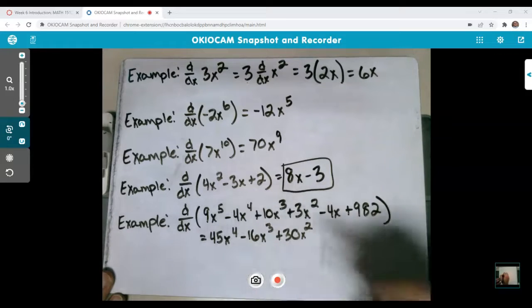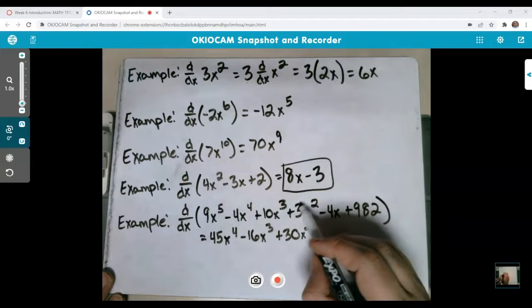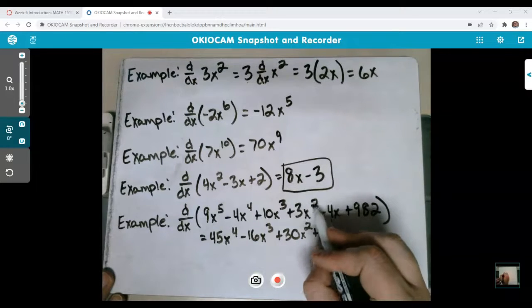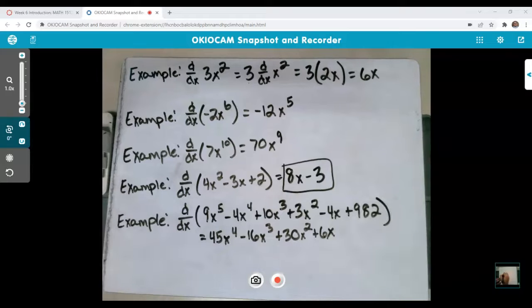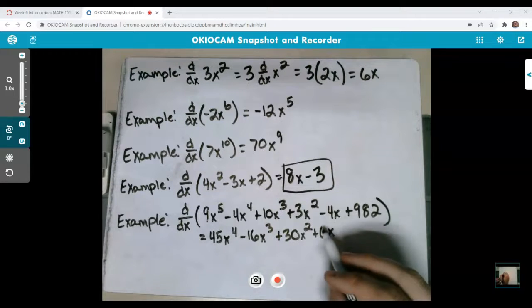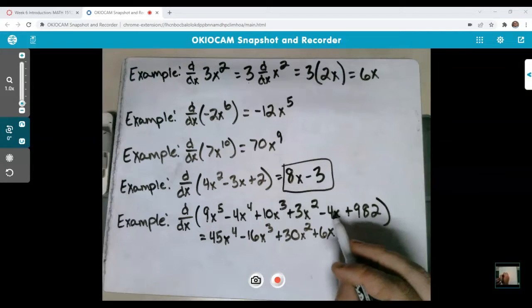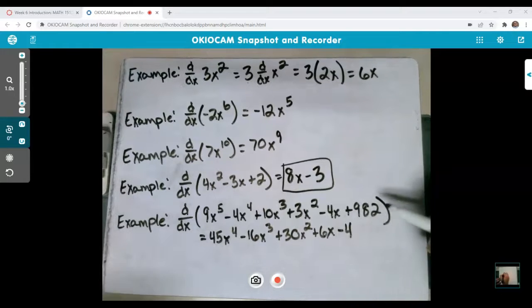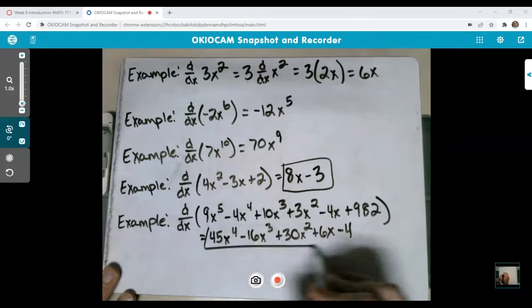Move on to the next term. It was 3x squared. Bring my 2 down. 2 times 3 is 6, which would make it x to the first, so just an x. The derivative of negative 4x, as we have seen, I can just use the negative 4. And then the derivative of 982, since this is a constant, it's equal to 0. So I can stop right there.